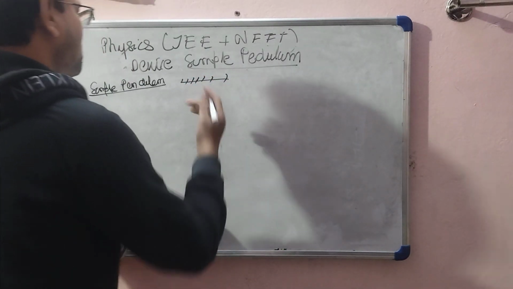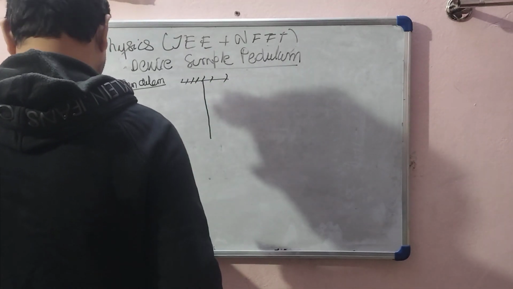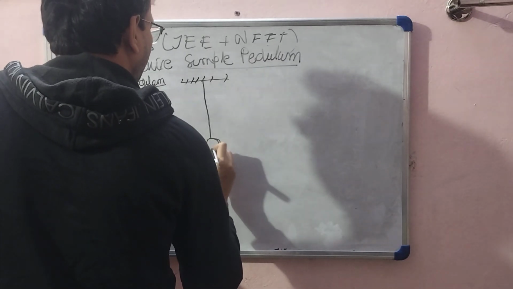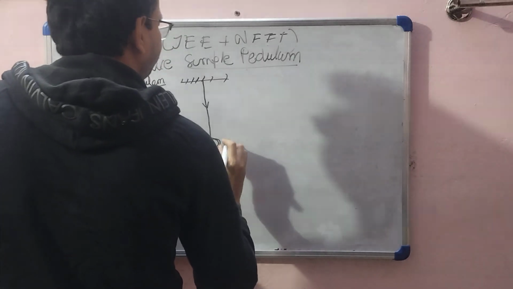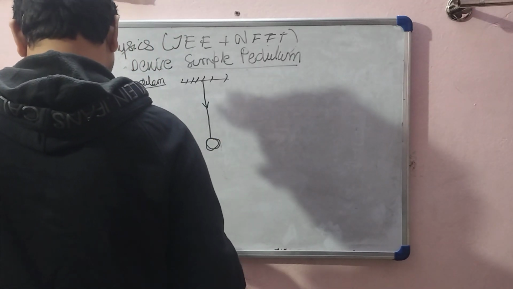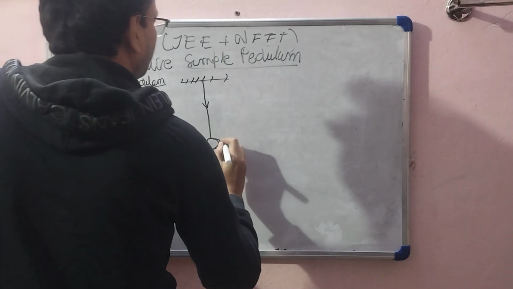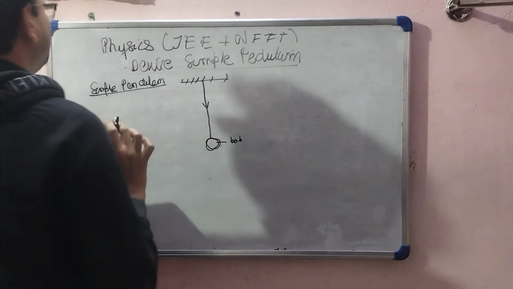There is a string and there is a bob. Bob means mass, there is a mass.